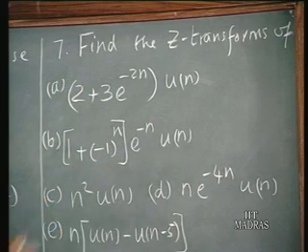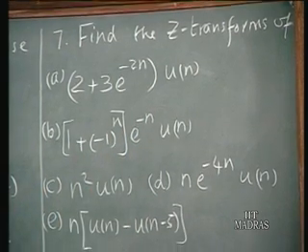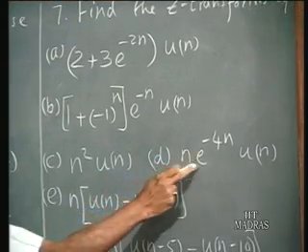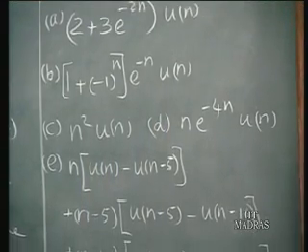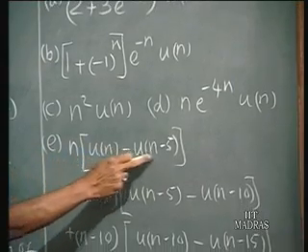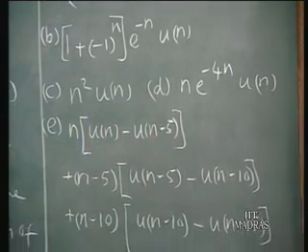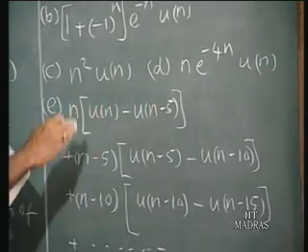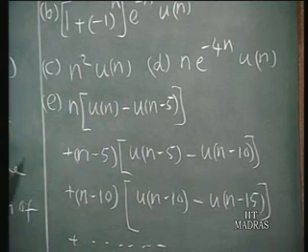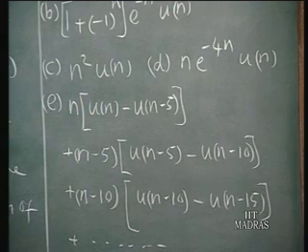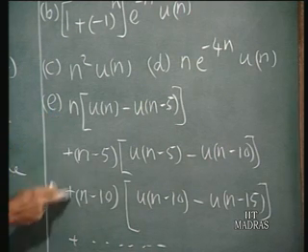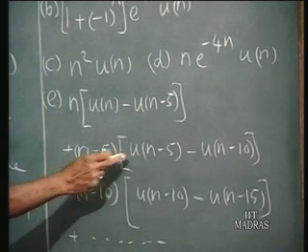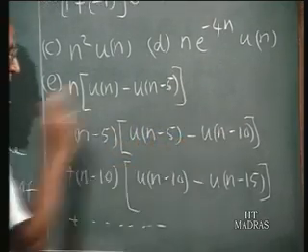c, n squared un; d, n e to the power of minus 4n un; e, n times un minus un minus 5. That means this is a kind of gate function. That means un minus un minus 5 means that you have values only from n equals 0 to n equals 4, as you can see, that multiplied by n, plus n minus 5 times un minus 5 minus un minus 10.